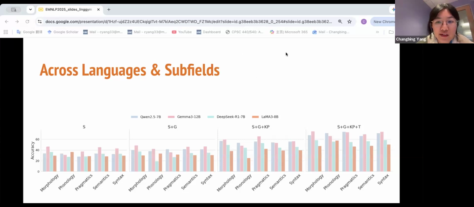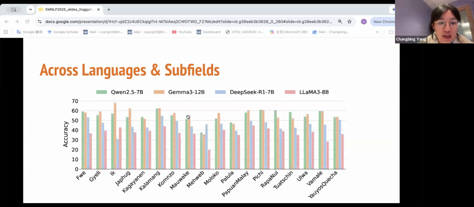And we can see that LM performance is relatively similar across different languages, language families, and linguistic subfields. Here's a graph of the different linguistic subfields and the model performance. And here is the performance across different languages and language families.